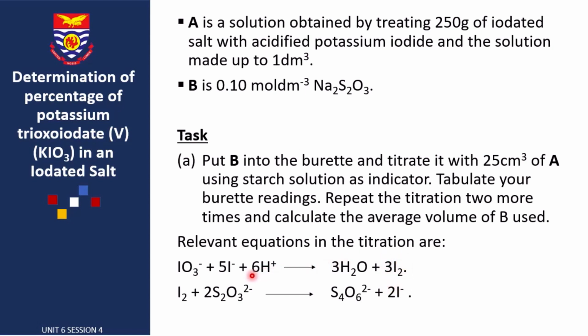Then we can now go to this side to find information, or per the questions asked, we can find for either this or that. So I hope you get the direction, because it's the thiosulfate whose concentration we've been given, and it will be convenient to start from there.